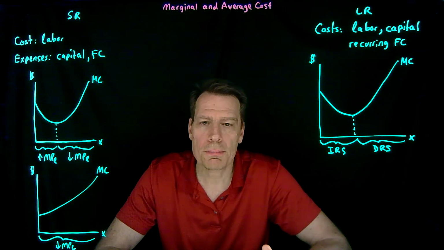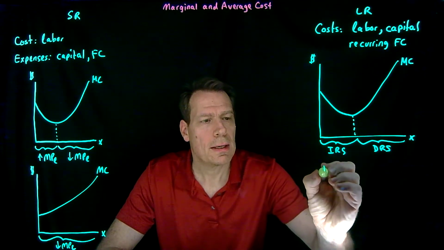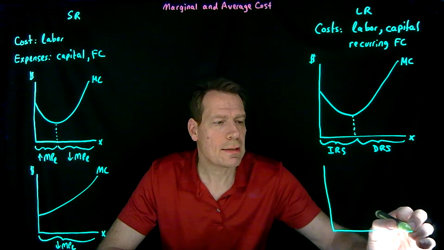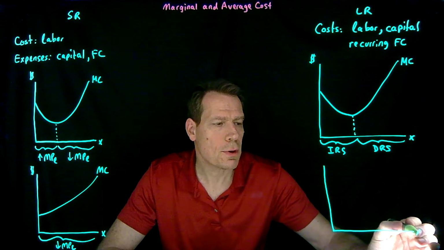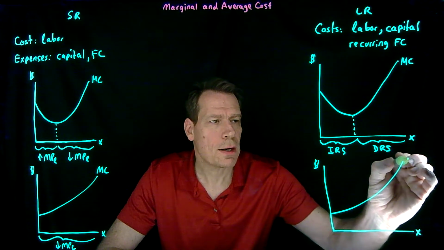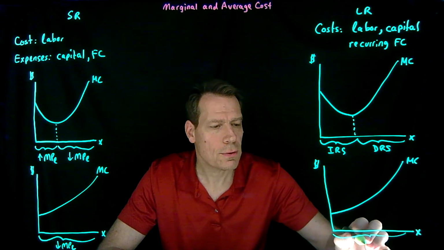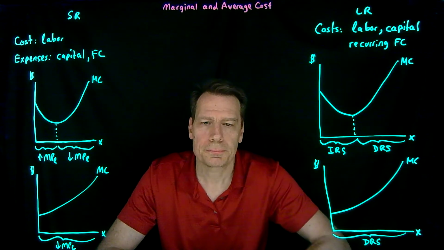We could have a production process that doesn't have increasing returns to scale anywhere. In that case, we'd never get that downward sloping part of the long run marginal cost curve, and the marginal cost would be upward sloping throughout. So in that case, we have decreasing returns to scale throughout.